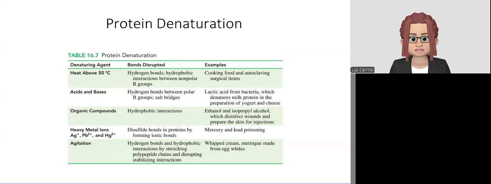Protein denaturation is an event in which proteins can have different treatments that results in protein unfolding.